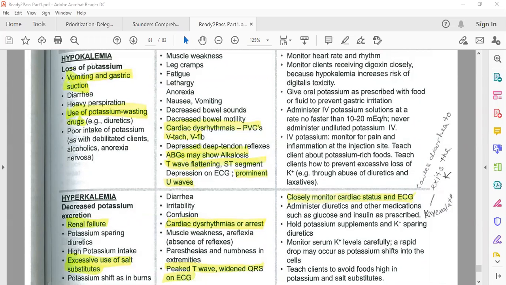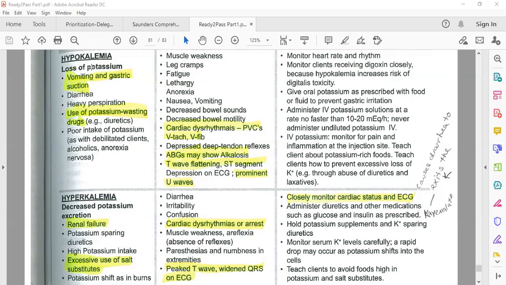So potassium, right? The normal body function of potassium is to maintain intracellular fluid, and it is also important for nerve function and to regulate muscle and heart contraction.